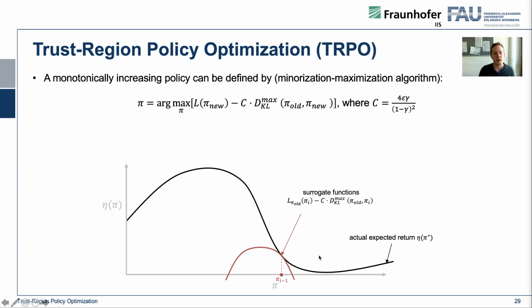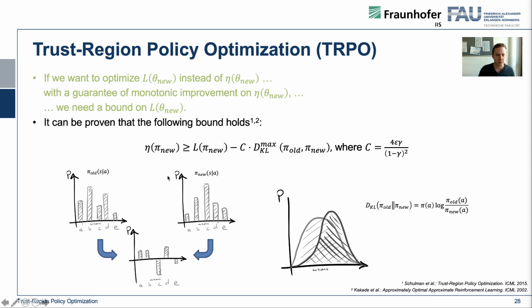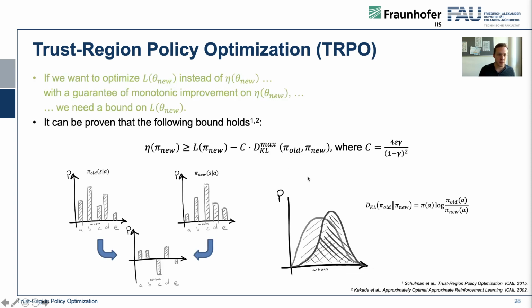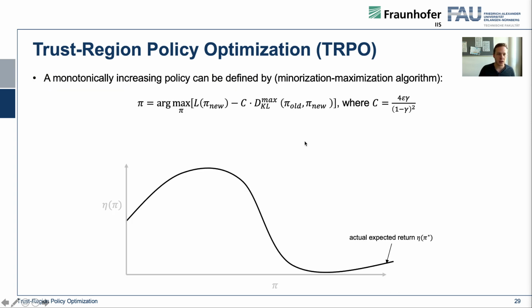We always want surrogate functions that are lower or equal to our actual expected return. So if this is the actual function, we want to find surrogate functions that are lower bounded to our function, and we want to find our policy parameters pi that maximize this function. Then we can say that we have a monotonic improvement in our surrogate function, but we are still lower bounding our actual expected return.